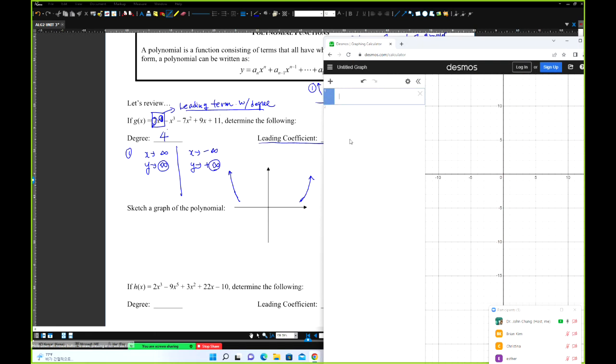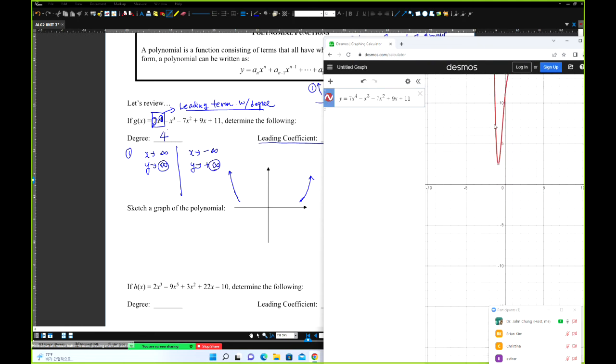Y equals 7x to the fourth minus x cubed minus 7x squared plus 9x plus 11. That's the graph.